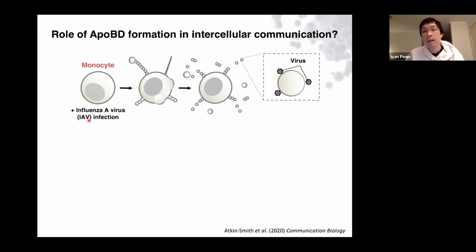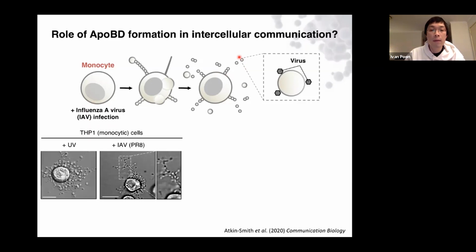And our idea is that we're wondering, if that happens, does the fragment of the dying cells contain viral particles, virions, or viral protein or RNA? So what we did was we got some human monocytic THP1 cells. When we infect them with the influenza virus, the PR8 strain, it causes them to undergo apoptosis.